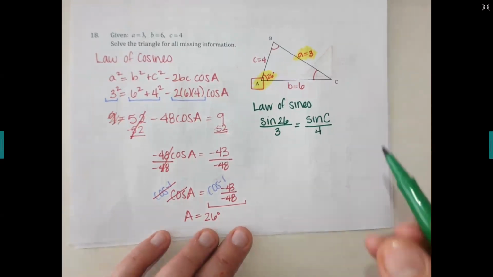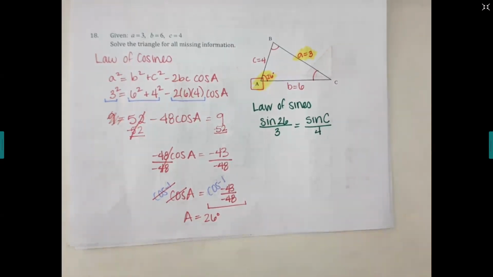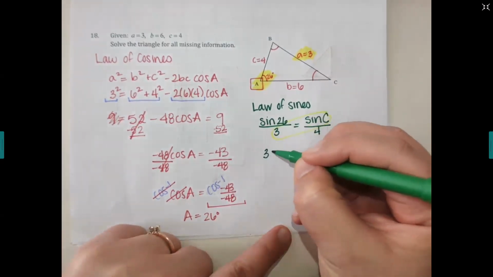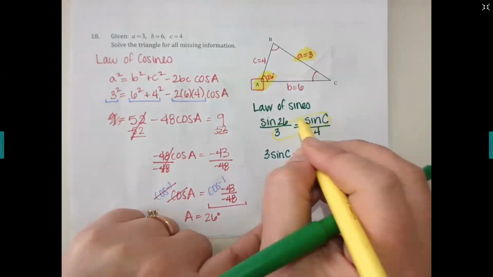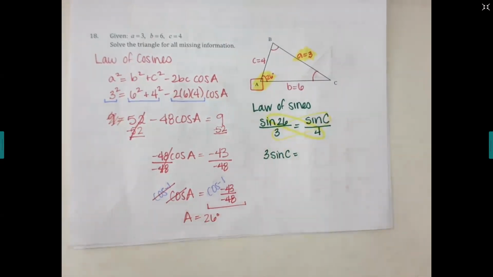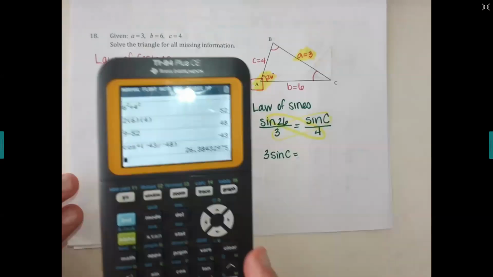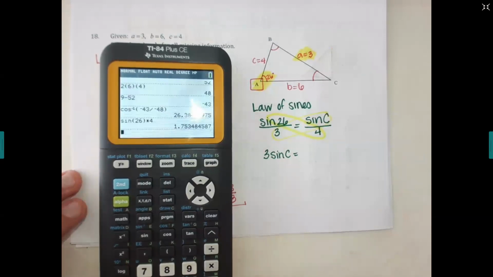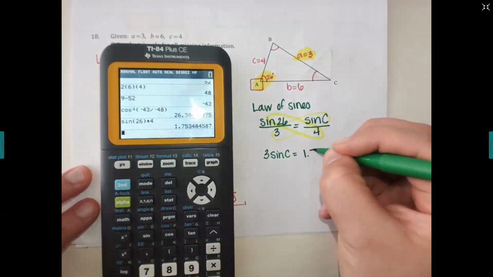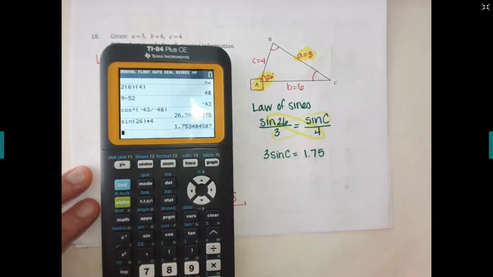Okay, then from there, you're going to cross multiply. So 3 times the sine of C is going to be 3 sine C. And then sine 26 times 4, I'm just going to put straight into the calculator. Sine 26 closed times 4 gives me 1.75.